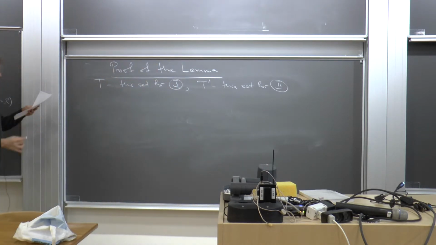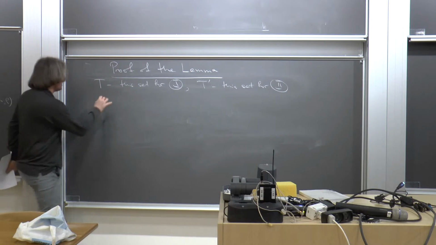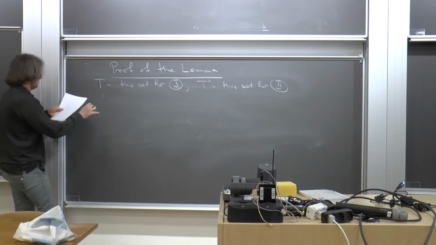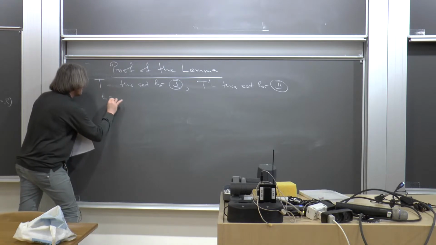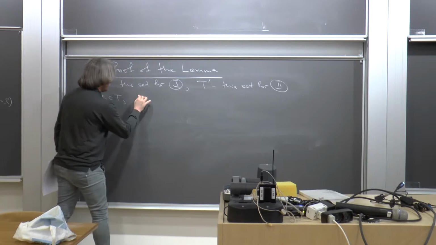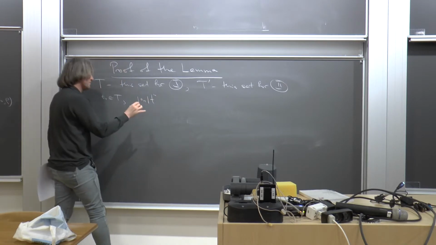Let's say that M bounds, so t node is in T. M bounds the set of a_n t to the n.